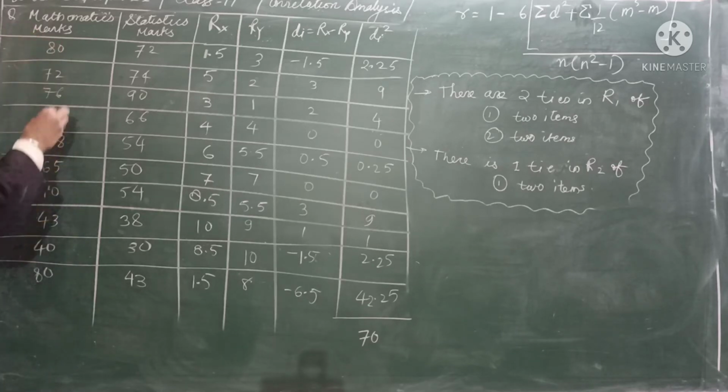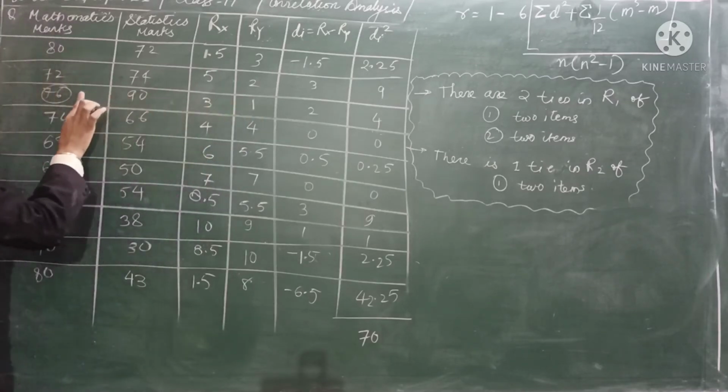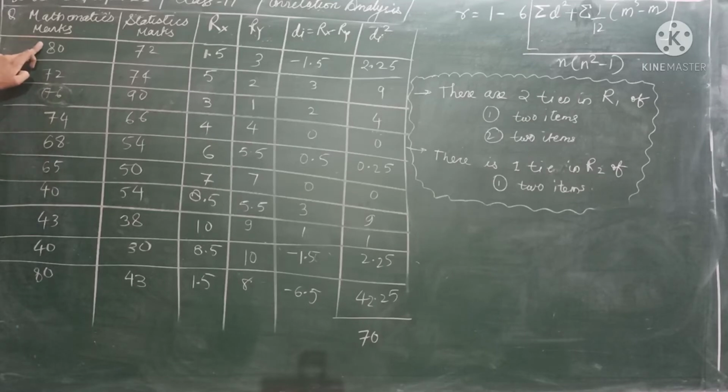As we can see, first of all, 80 and 80. Both are the highest, and there is a tie between these two numbers. So what to do?